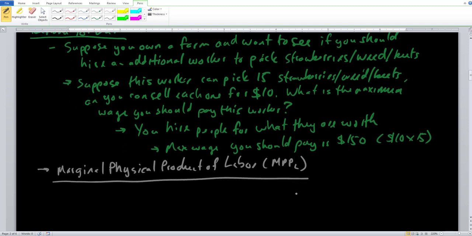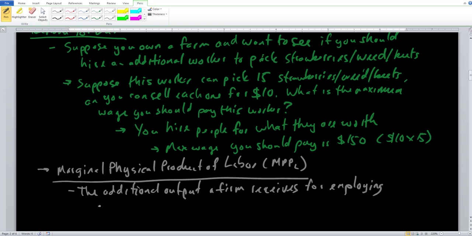So the marginal physical product of labor is just our idea of marginal product that we saw in chapter number 7. So here, formally, the marginal physical product of labor is the additional output a firm receives for employing an additional unit of labor.